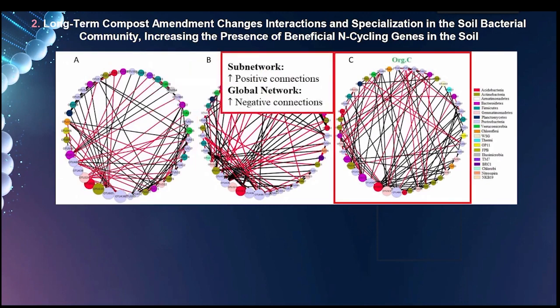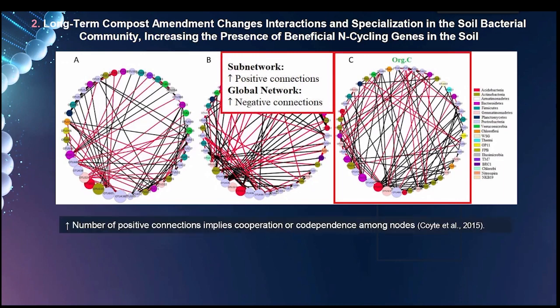In the cropping system with compost, we found a higher number of positive connections in the subnetwork, and in the global network, we find a higher number of negative connections.